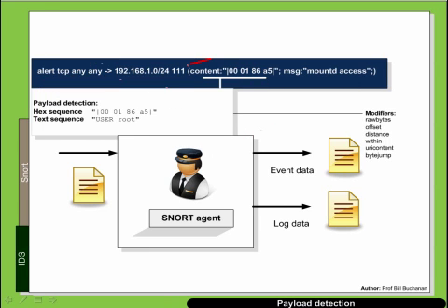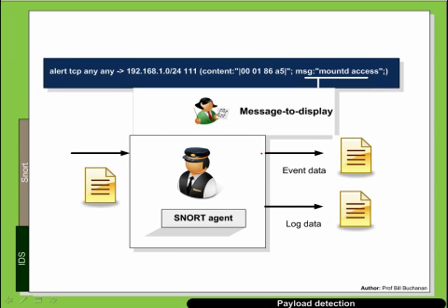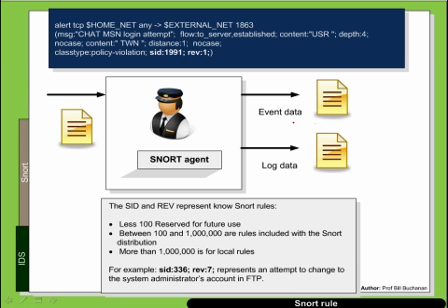Next we define the payload. So in this case we are defining a binary pattern, so it's defined in hexadecimal in this case, or we could define a text sequence. We can also look at different offsets, different distances, and so on. And then there is the message to display at the end.